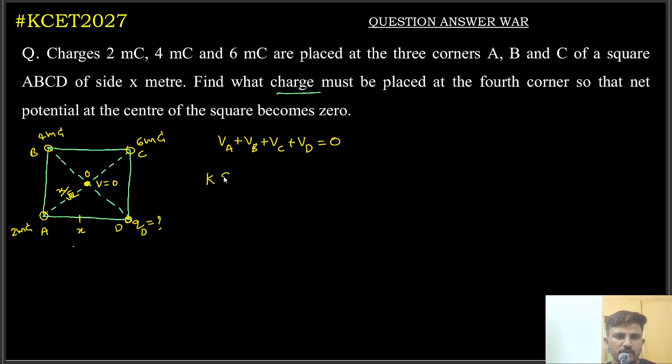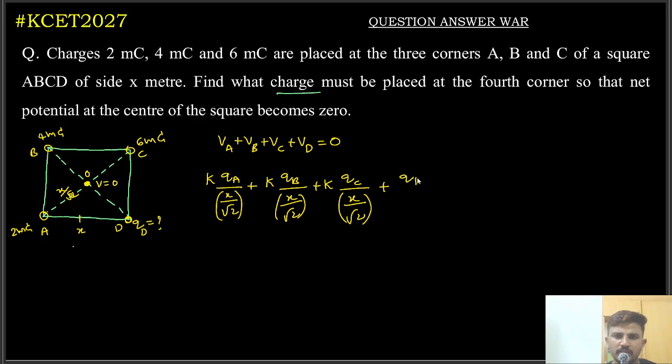So K QA by x by root 2, plus K QB by x by root 2, plus K QC by x by root 2, plus K QD by x by root 2 is equal to 0.